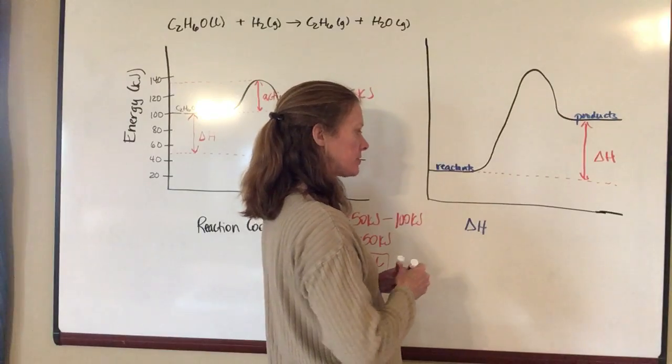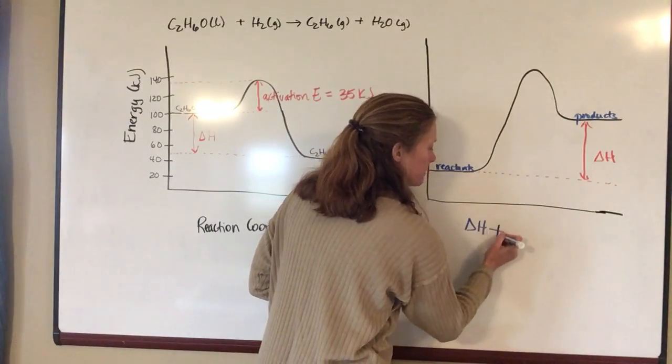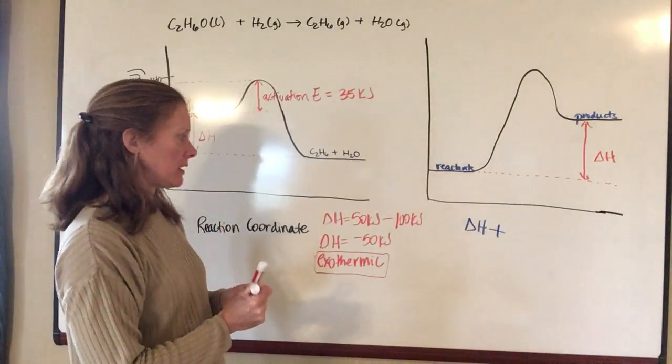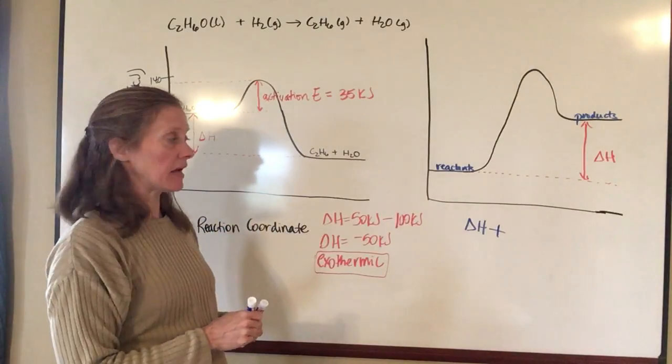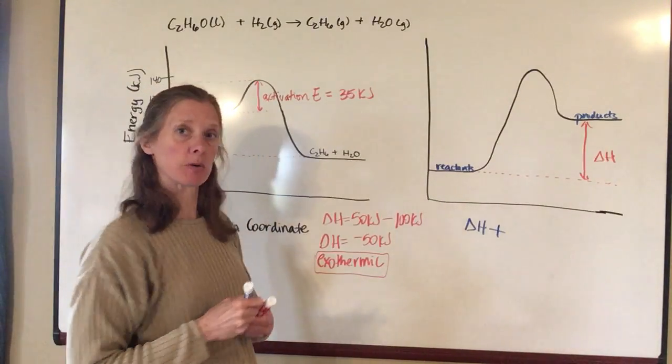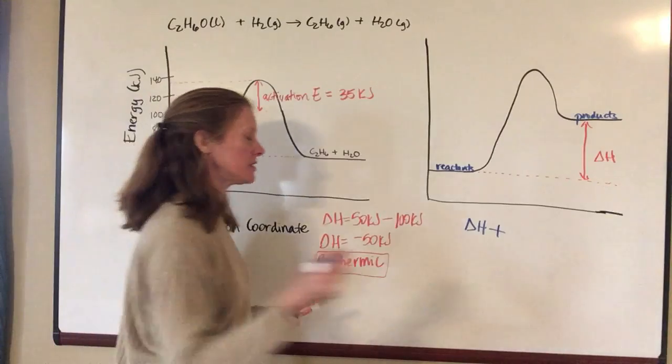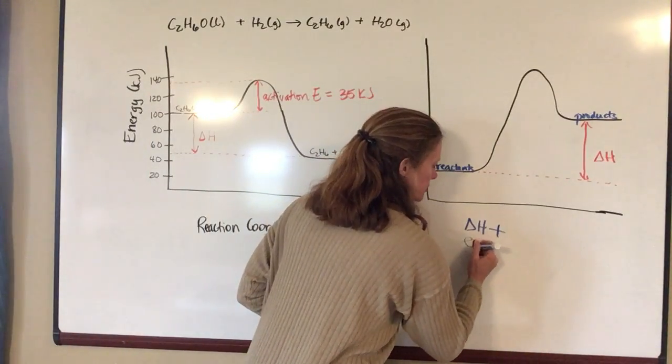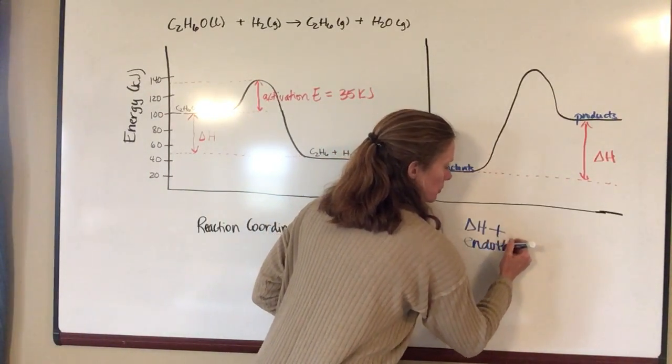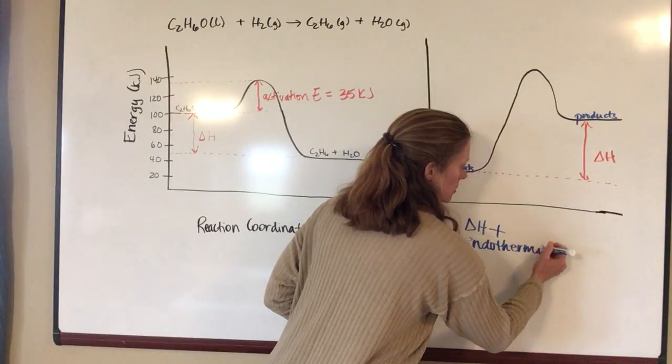So this delta H is going to be a positive number as opposed to this one where it was going to be a negative number. And so as we've already learned, a positive delta H is going to be an endothermic reaction.